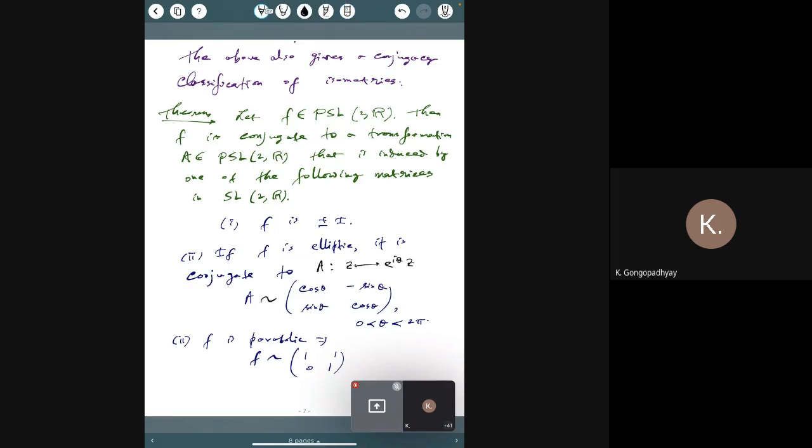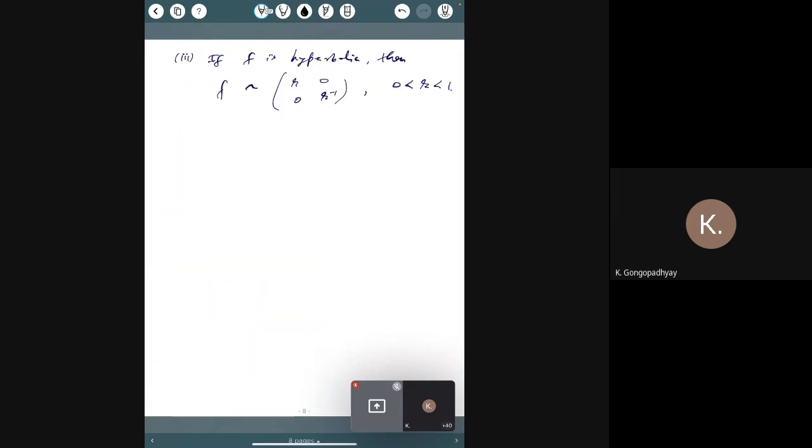In the parabolic case, F is conjugate to z goes to z plus 1, or z goes to z minus 1, or F is 1, minus 1, 0, 1. These are all isometries of H2. In the hyperbolic case, F is z goes to R squared z.